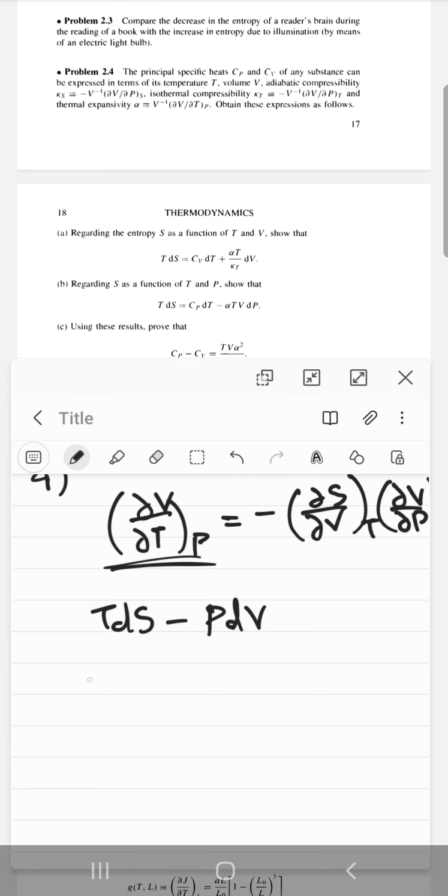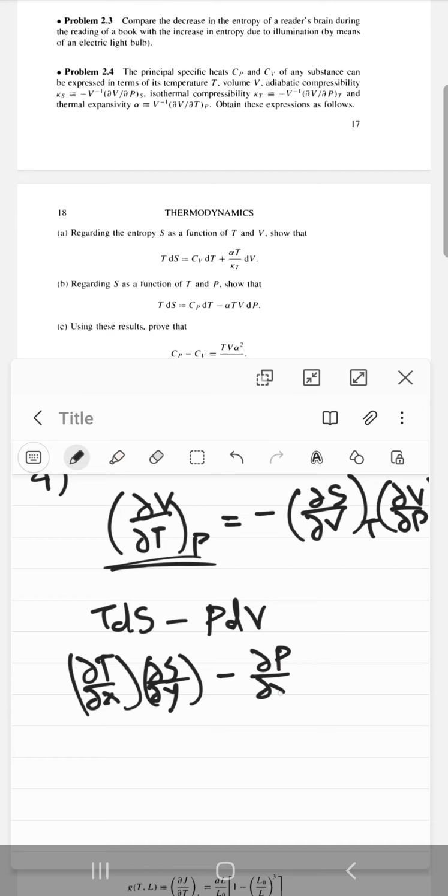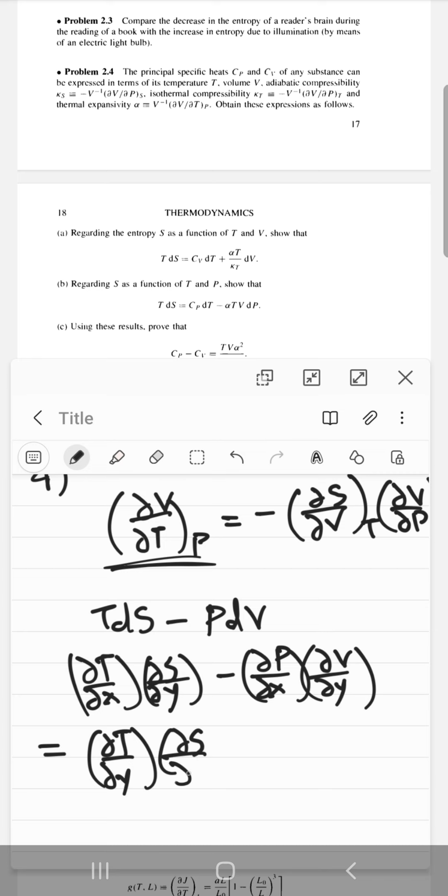And from there you can say that partial T by partial X times partial S by partial Y minus partial P by partial X times partial V by partial Y. Did I mess up somewhere? No, most likely I didn't, because other terms would just cancel out, by commutativity. So this is the equation that you'll be using quite a bit.